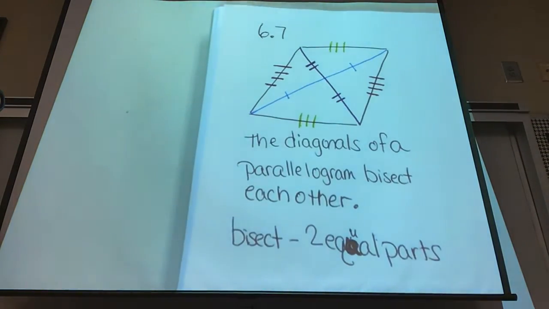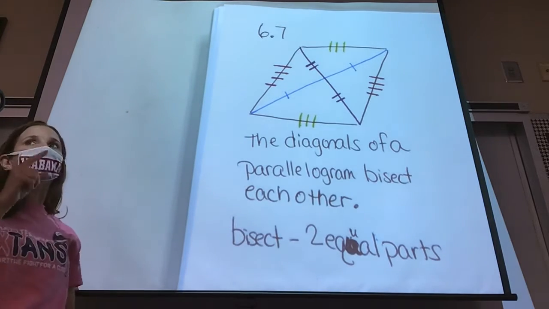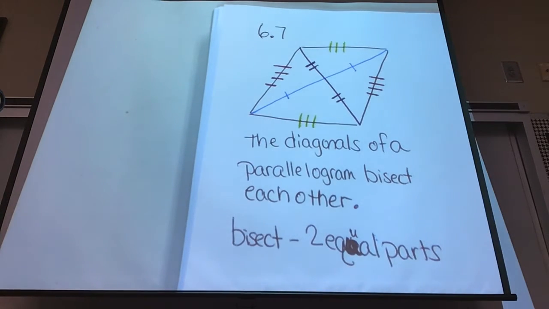Now that's only if you have your diagonals. So you have to be very careful when you're doing these. If they're talking about something with diagonals, you have to remember all of this. You already know the sides are congruent based on what I've already told you. Now you know that the two diagonals have been cut in half and are now congruent.